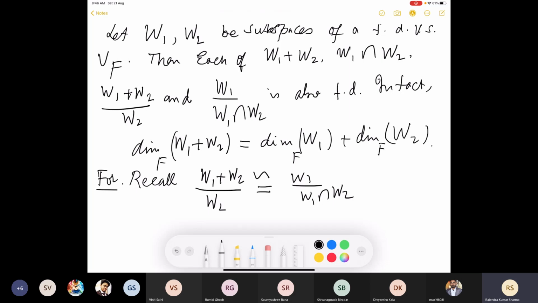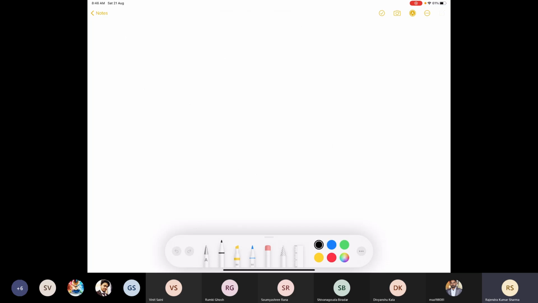So the dimensions of both sides must be equal.